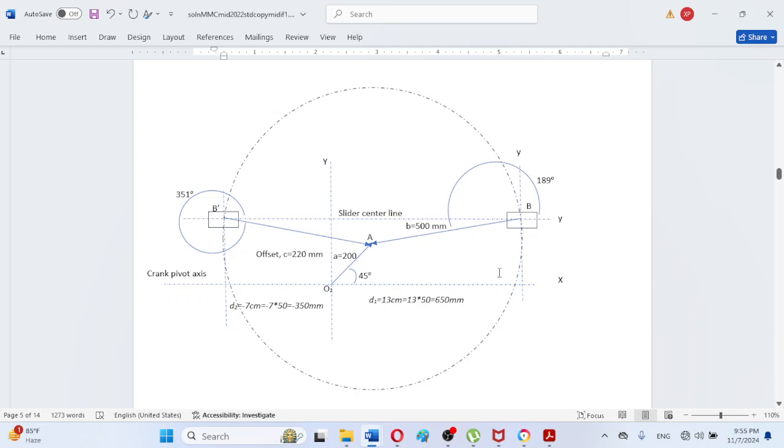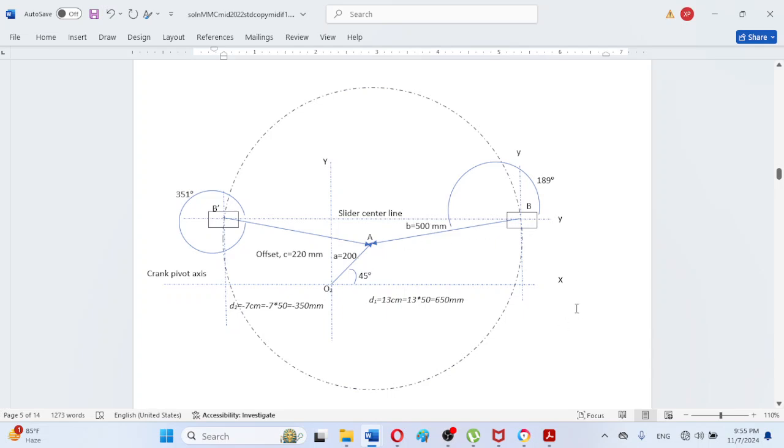And the procedure that here are shown two coordinate systems, capital X and capital Y, and its origin is at O subscript 2, which is the crank grounded pivot, and this is inclined at 45 degree, and its scalar length is 200 millimeter, and connecting rod.